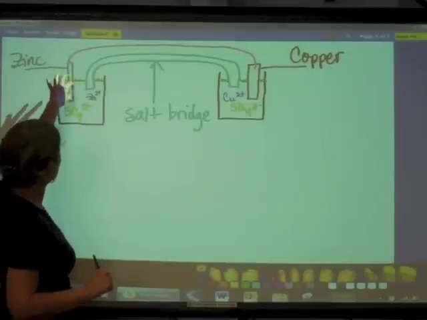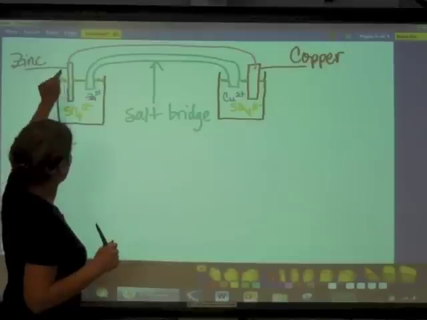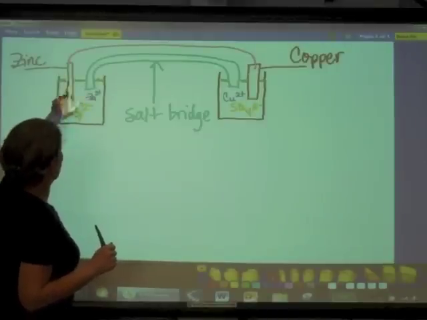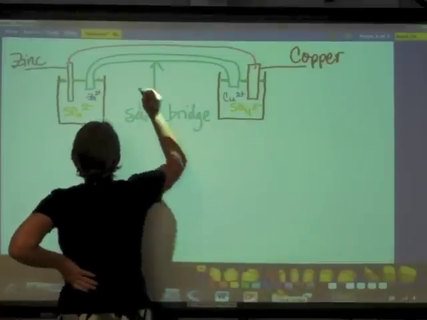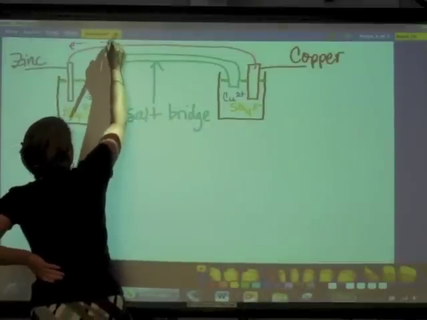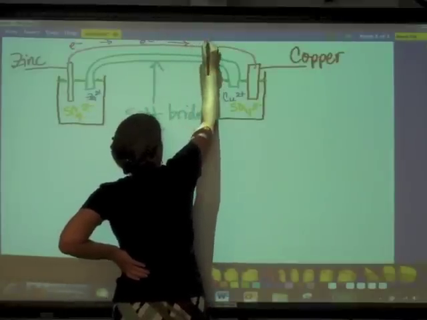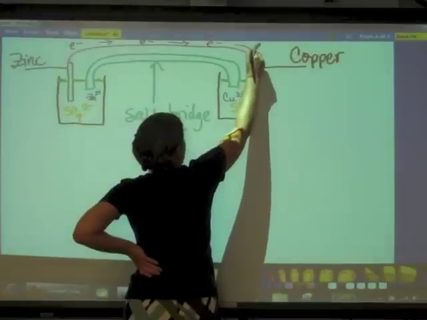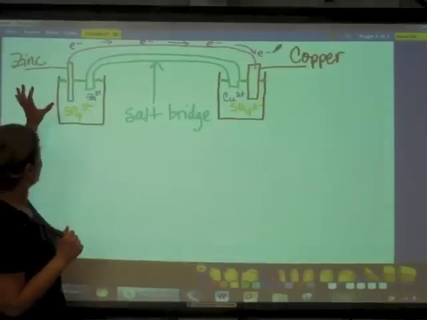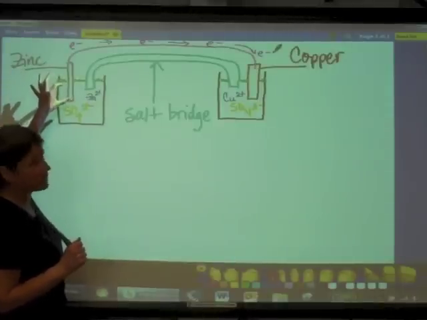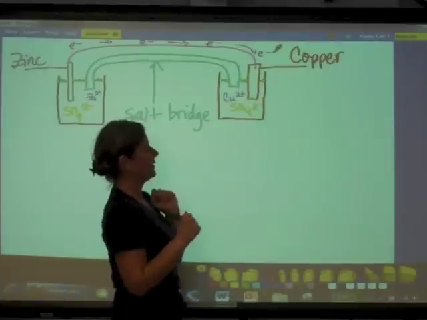It is going to pull the electrons from this zinc metal. And so electrons are going to travel in this direction. They are going to go from the metal that is being oxidized, losing electrons, to the metal that is being reduced.